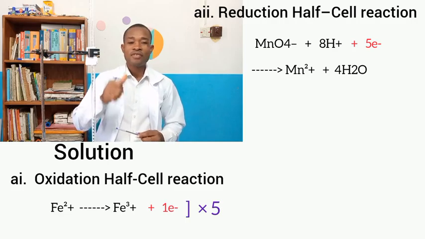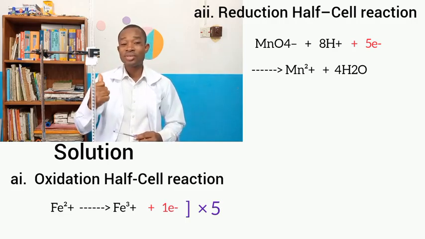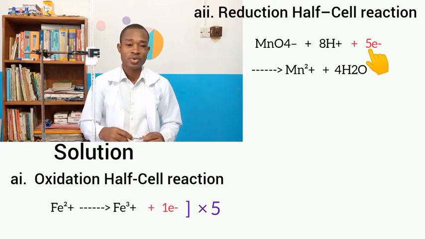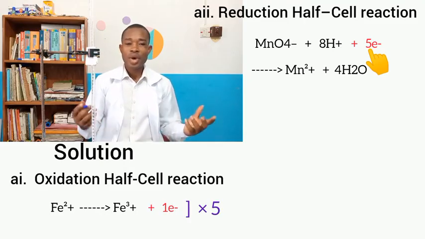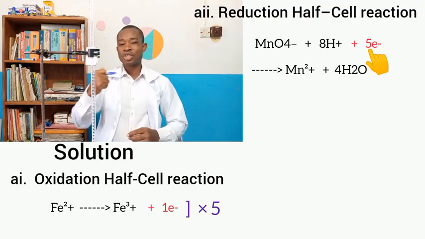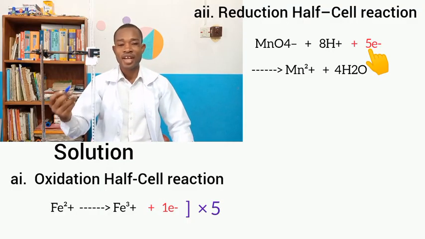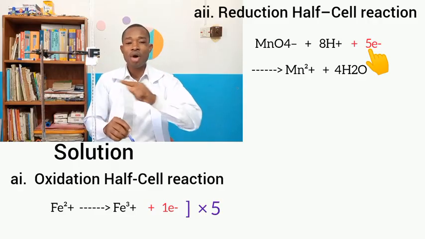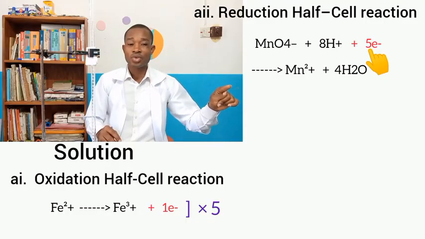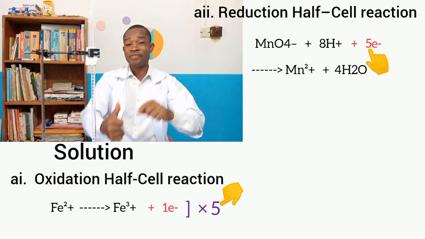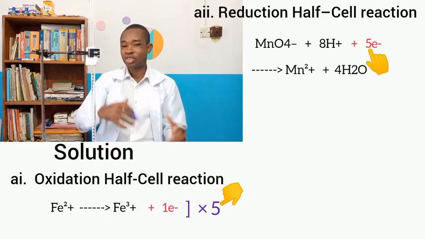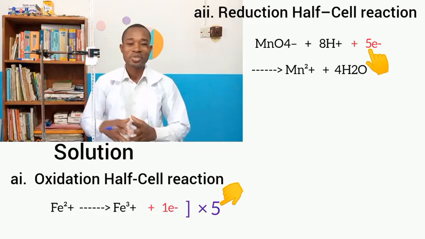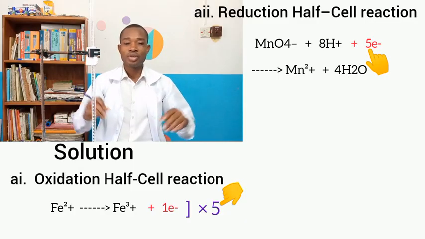To compensate for the 5 electrons we added to the reduction reaction process. So what do I mean? Since in the reduction reaction process we added 5 electrons, we would come to the oxidation reaction process and multiply the oxidation half-cell reaction equation by 5. That 5 is as a result of the 5 electrons we added to the reduction process. So that's just what you simply do.